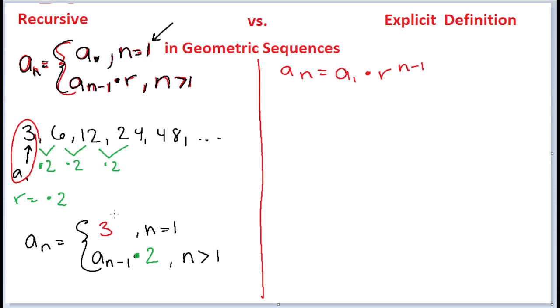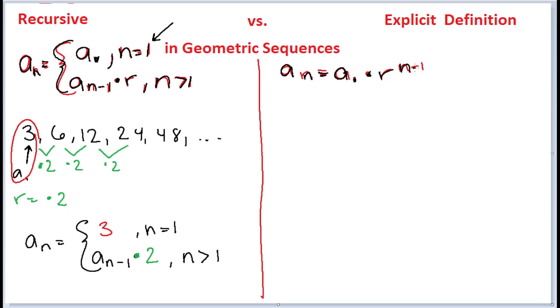The difference with recursive and explicit is that recursive lists out all of your terms, while explicit tells me what my term will be in a certain amount of terms.